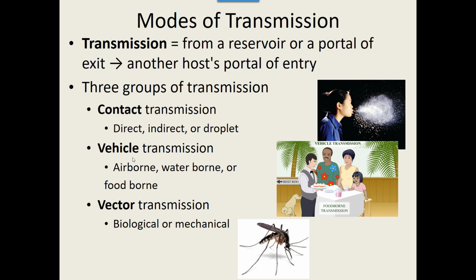Now, mechanical transmission is when the microbe does not live inside of the insect. Instead, it's getting transported by the insect, on some type of surface of the insect. My most common example is in the summer, the next time you eat outside when there are flies around.